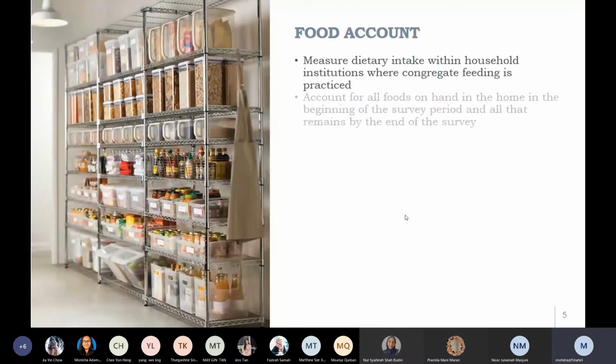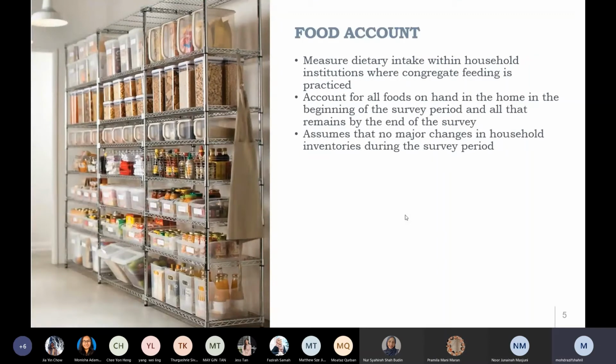So the second method is the food account, and we usually use this to measure household dietary intake. When we say food account, we have some sort of form that we use to record the buying practice and the usage of foods from the store or pantry.